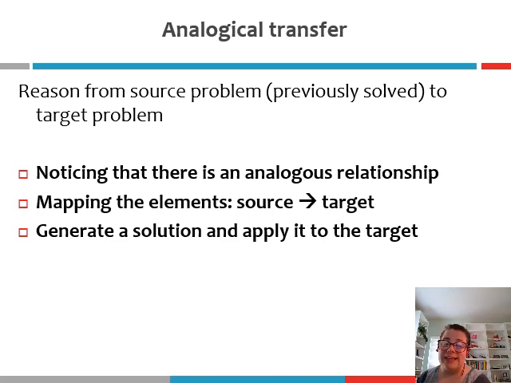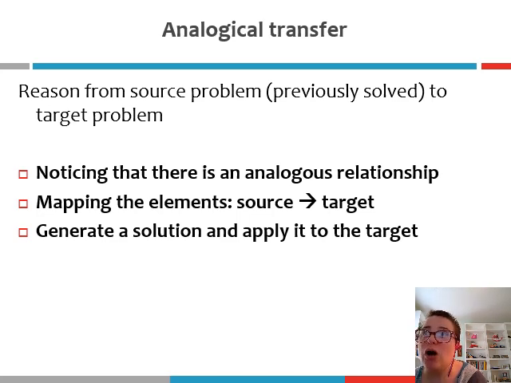Okay. And lastly, once you have successfully mapped each of the elements from the source problem to the target problem, you obviously need to generate a solution and apply it to the target. So, applying the mapping to generate a parallel solution to the target problem.